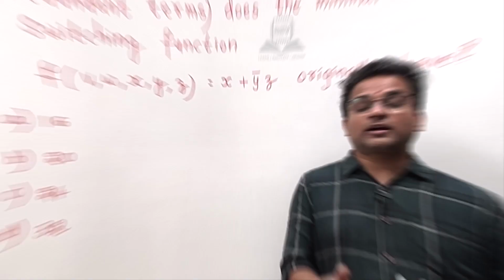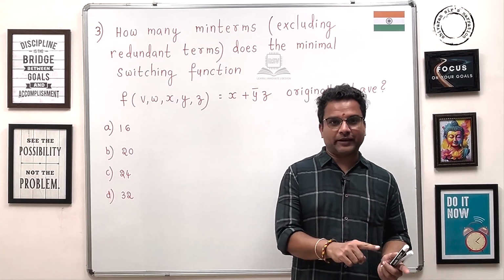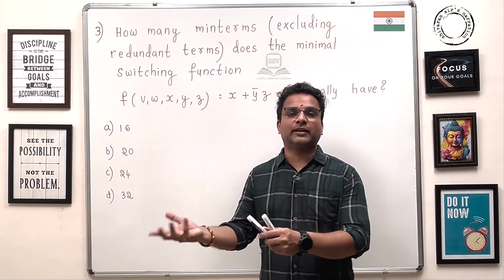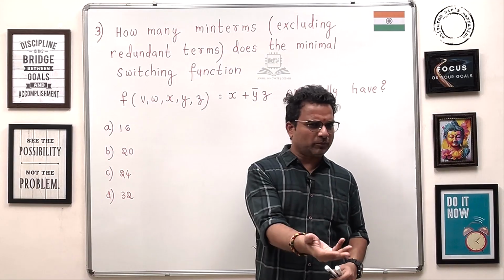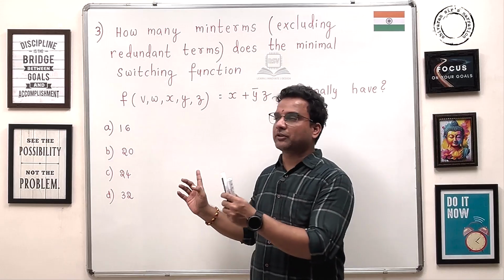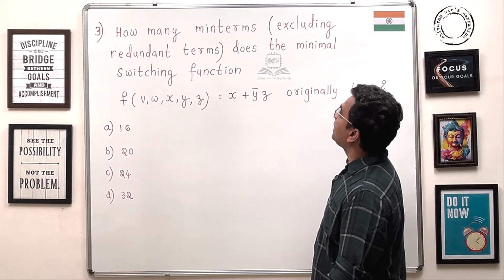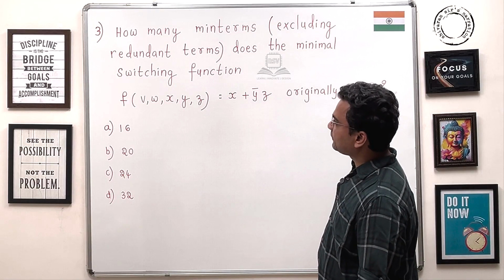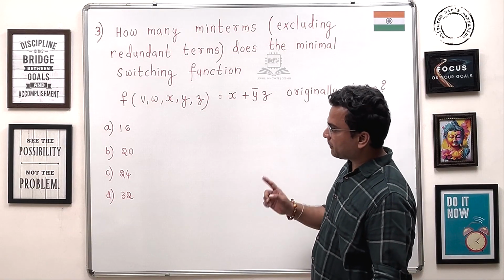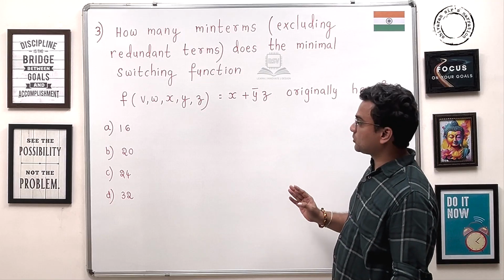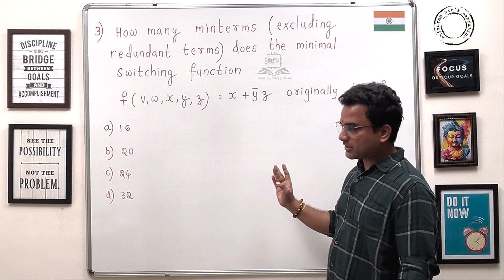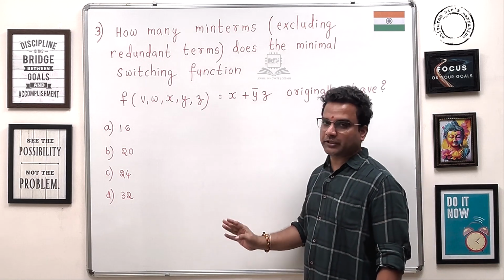Okay guys, conversion of the simplified expression into the standard canonical expression. It could be either SOP or POS. Let's dive into question number 3. How many minterms excluding redundant terms does the minimal switching function f of v w x y z equals x plus y bar z originally have? 16, 20, 24, 32.